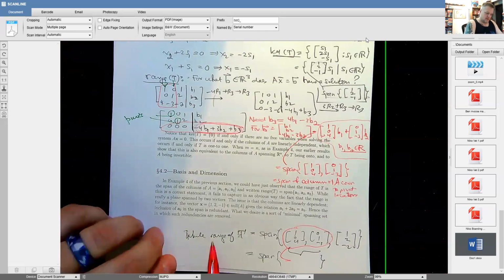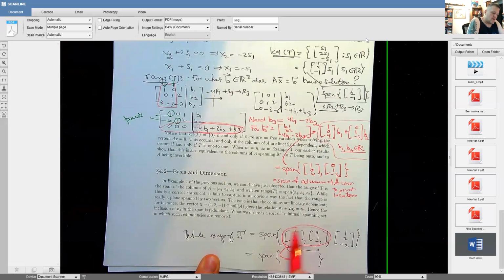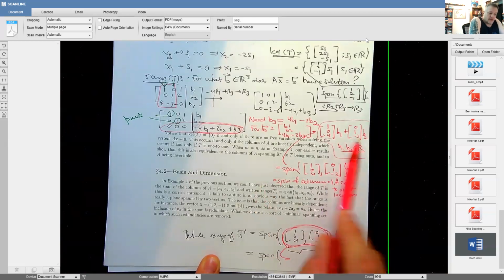So what I would like to do, though, is this: the number of vectors that you use to span a subspace is actually important. And so what I want to do is find what would be called a minimal spanning set. We want to find the set of as few vectors as possible so that the span of that set generates the space you're after. So here, this would be a minimal spanning set of the range of T because there were two vectors that you needed here, right?